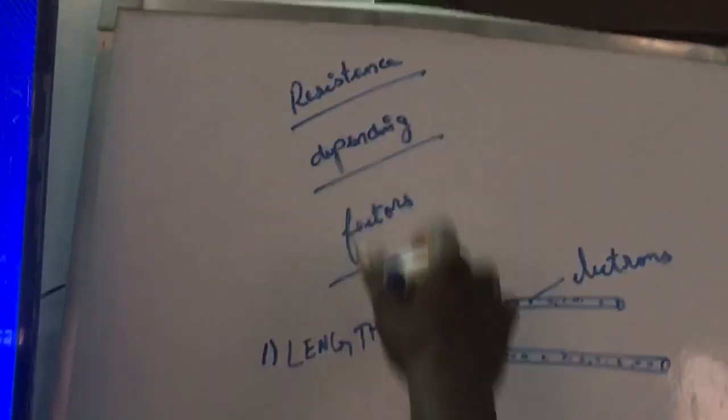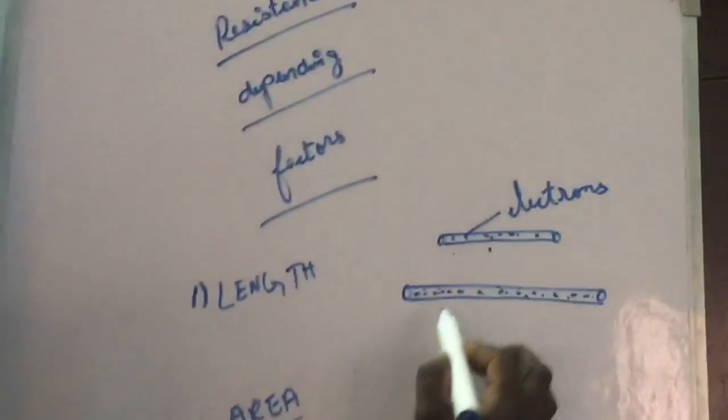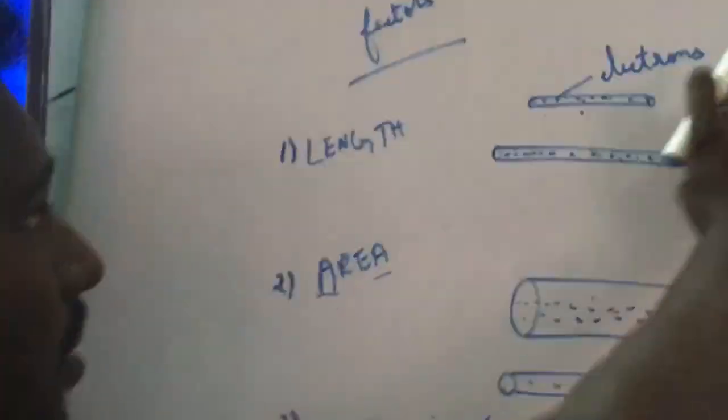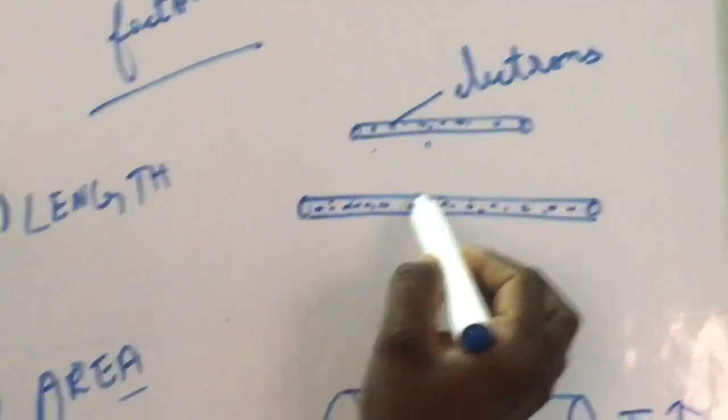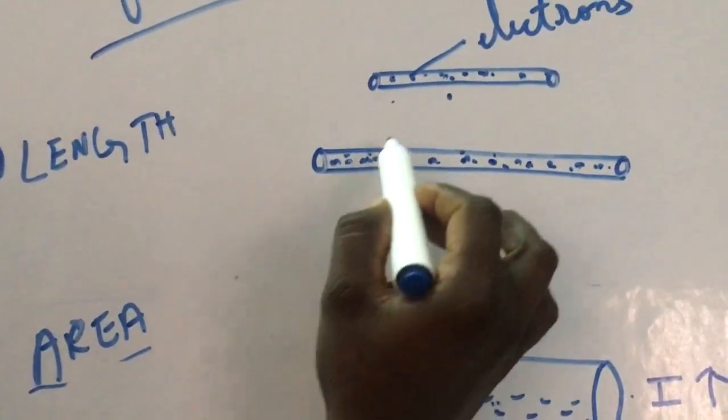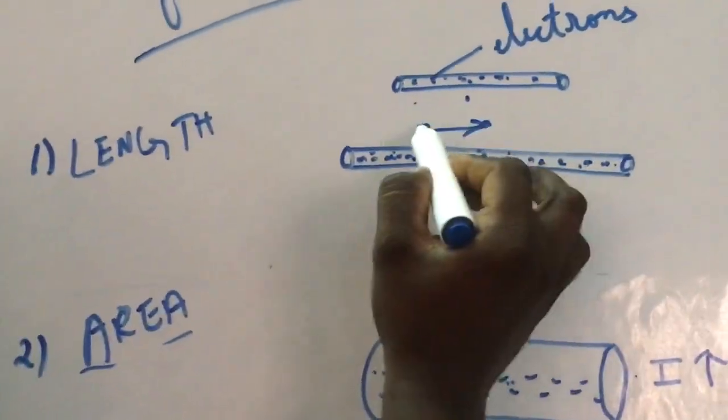Okay, so what are the factors resistance depends on? Number 1, this is the initial wire. Now what I did is I have stretched the wire, which means the electrons have to travel very far, and the electrons are going to collide with each other.